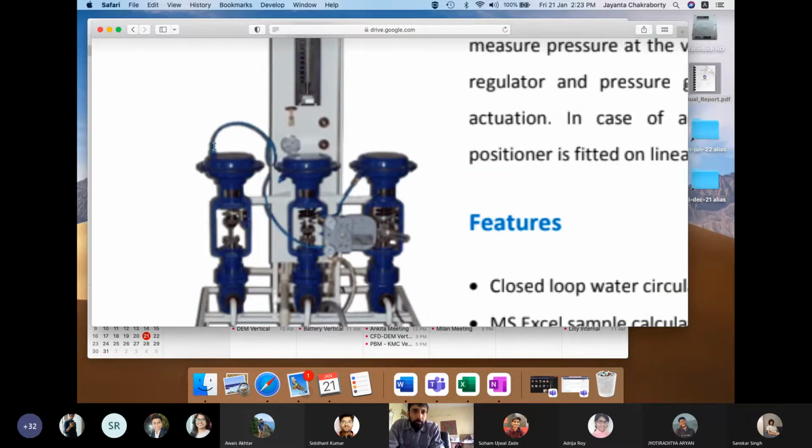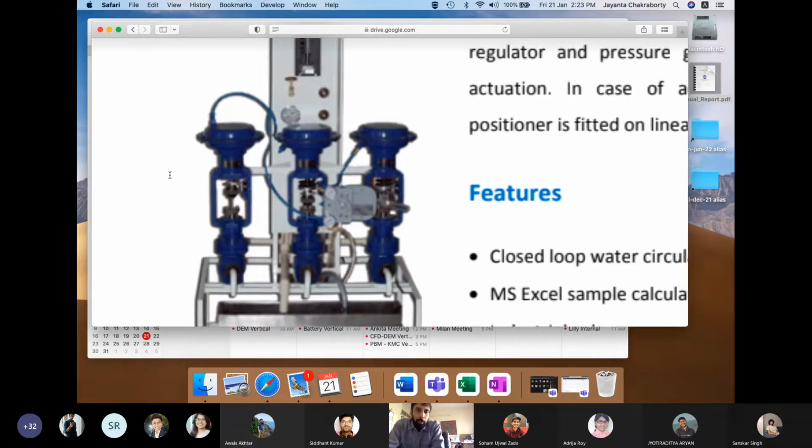So if it's 3 psi, pressure is too low, so the diaphragm is pulled upward, valve is completely open. If it's 15 psi, it's completely closed. But normally the control valves are not meant for complete closure or complete opening. Complete opening is fine, but with complete closing, there is always some small leakage in the control valve. So that is what the setup shows.